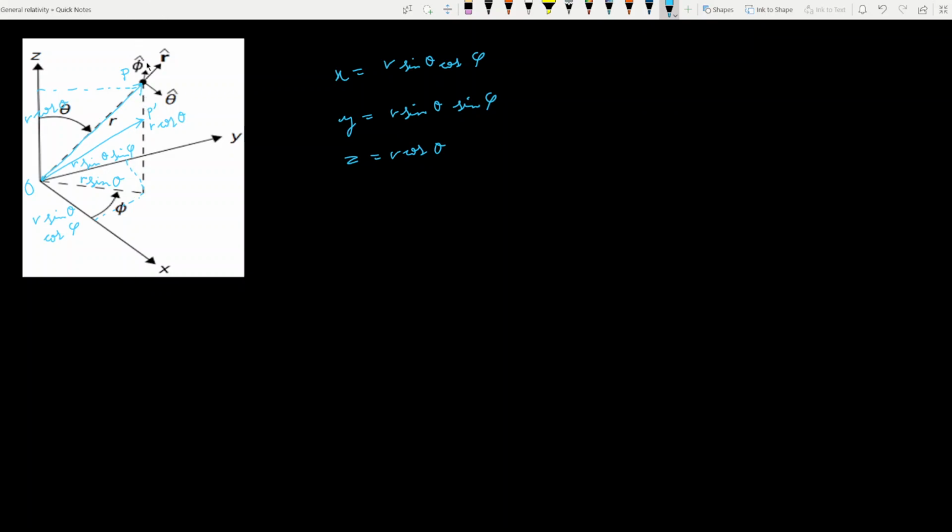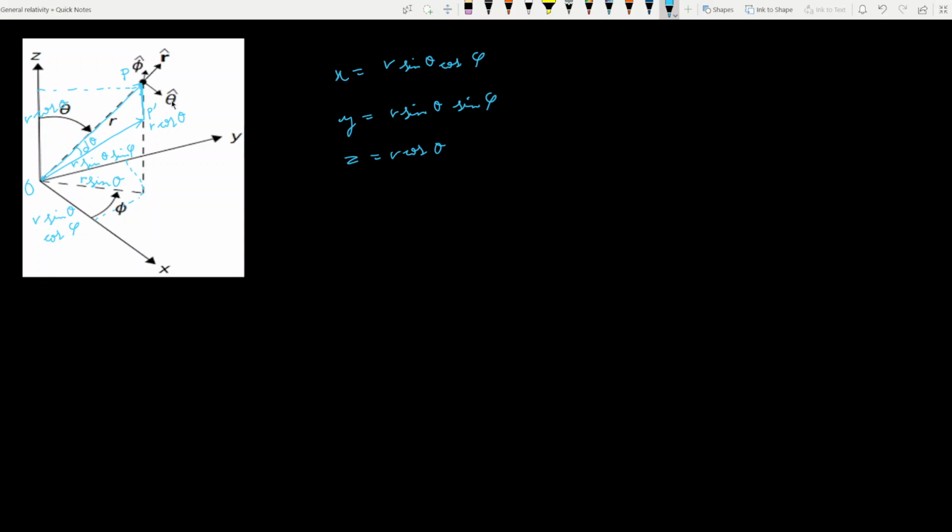Now we want to be able to find this change right there. This change, say that's PP primed. Now how do we find that change? And this angle is just d theta.